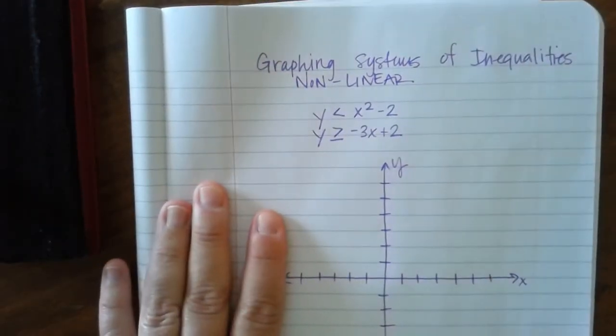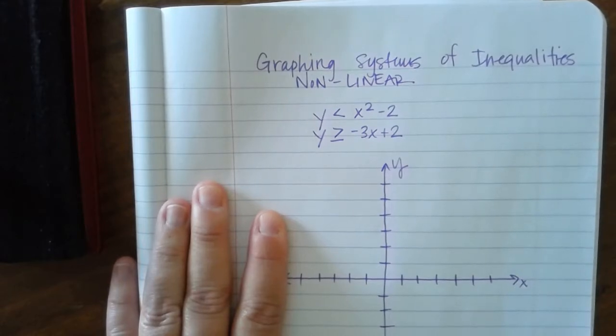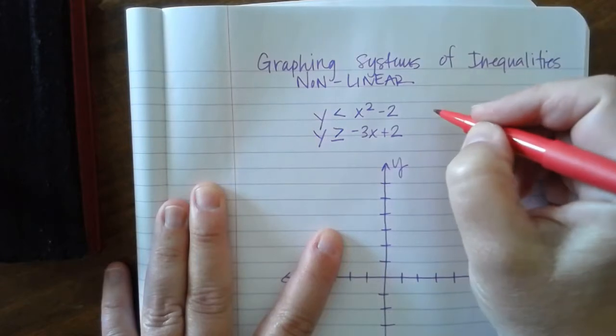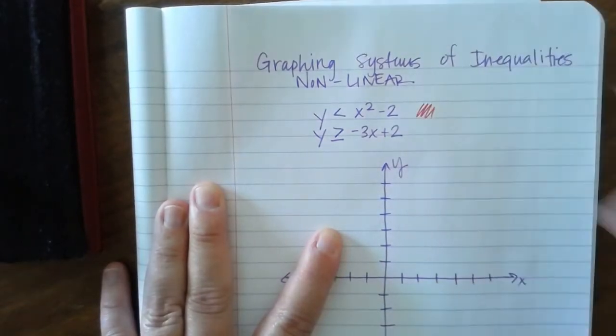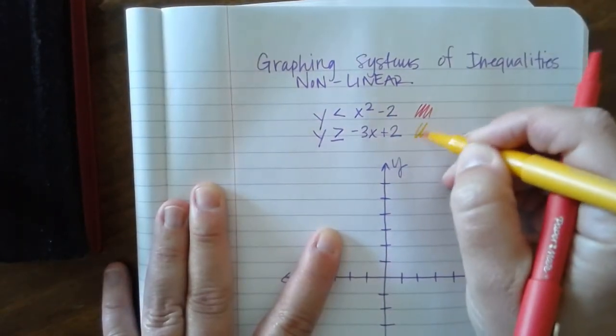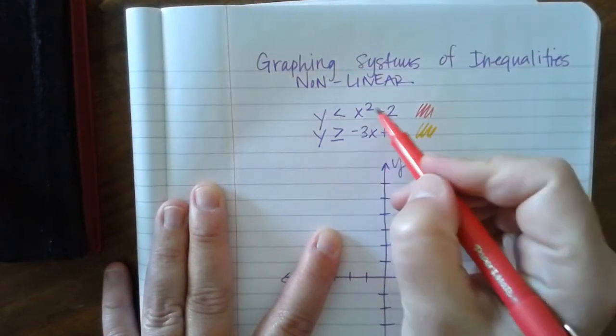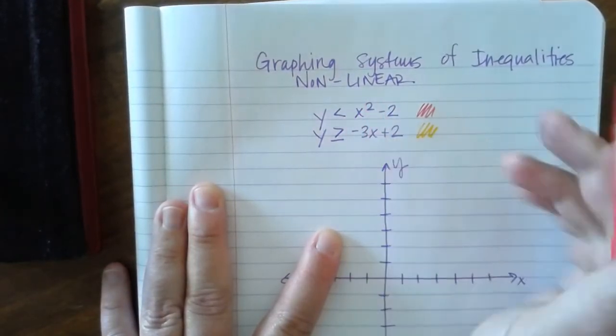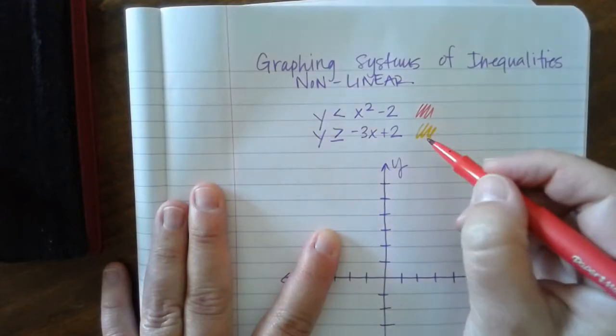Turn my page. Okay, now we are dealing with some nonlinear inequalities. I'm going to go back and make this one red. I'm going to make this one yellow again. This, guys, because of that 2, that's a quadratic. That's what we did all of chapter 8. It's going to be a parabola.